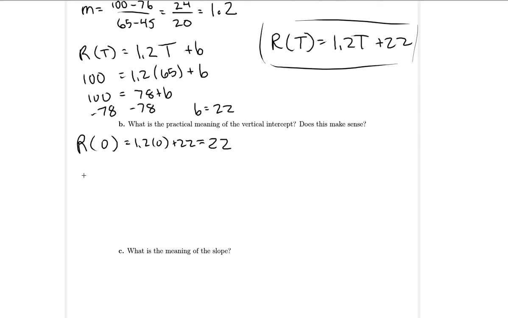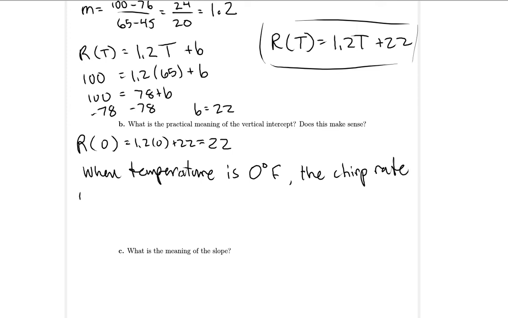So this is saying when the temperature is 0 degrees Fahrenheit, the chirp rate is 22 chirps per minute.